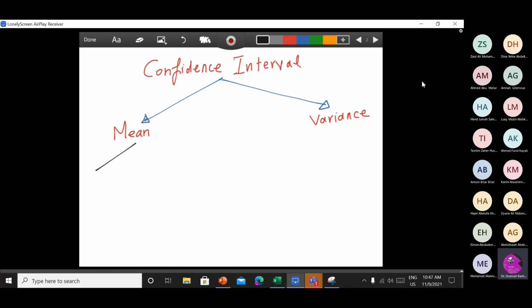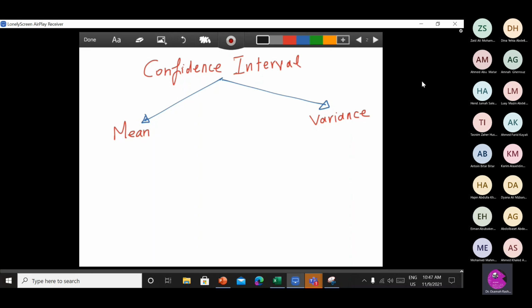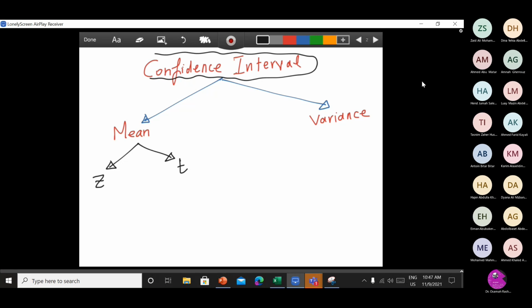I'm using what? As usual, when I'm finding the mean or comparing the mean in hypothesis testing, I use Z and I use T. Do you remember this one? Okay. For the variance, you take one sample, right?